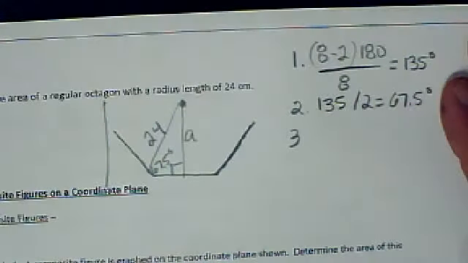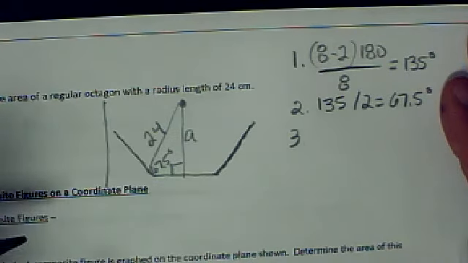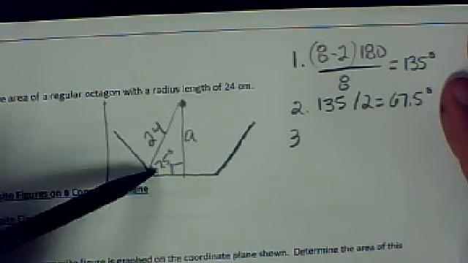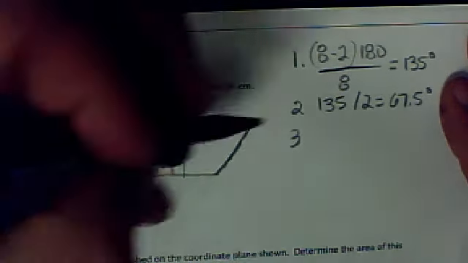So now I'm going to be using trig to figure out what my apothem length is. So I have 67.5, A, and 24. So what trig function am I going to use? I'm going to use sine, because I have something opposite from my angle measurement and something in the hypotenuse of my figure. So I'm going to be doing sine of 67.5 is equal to A over 24.